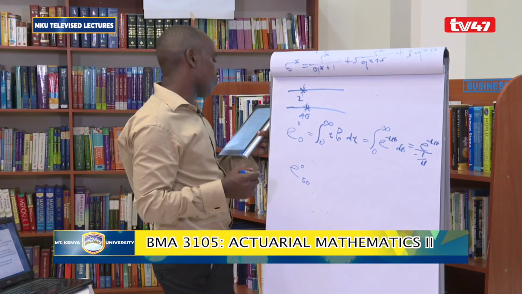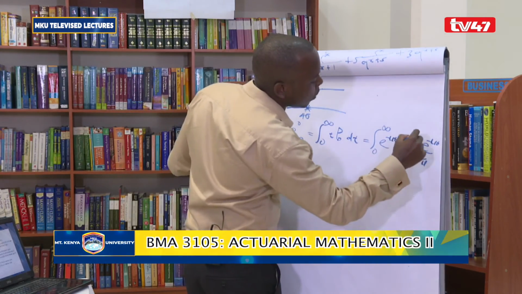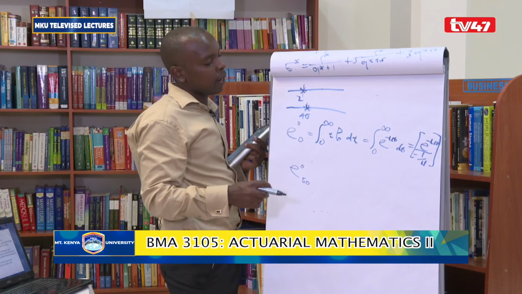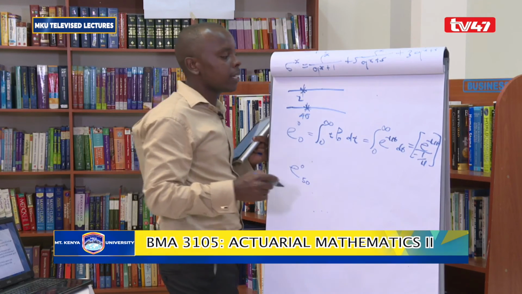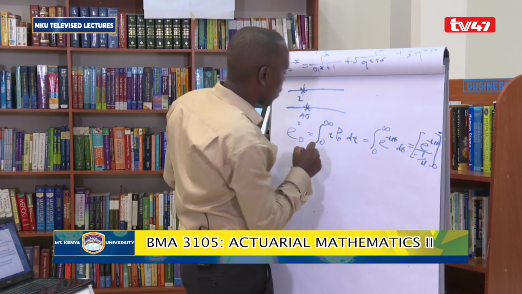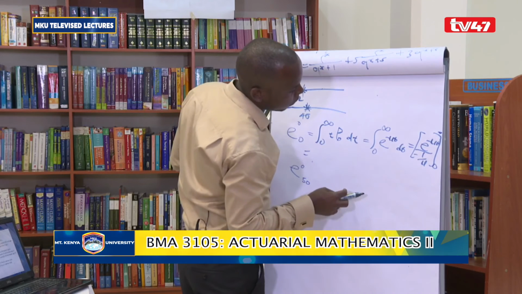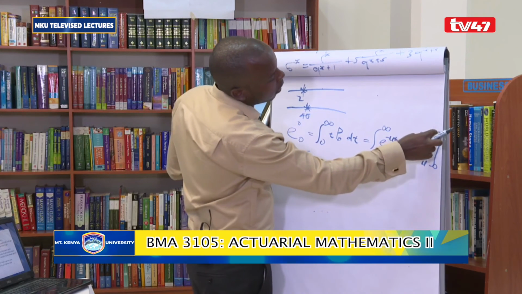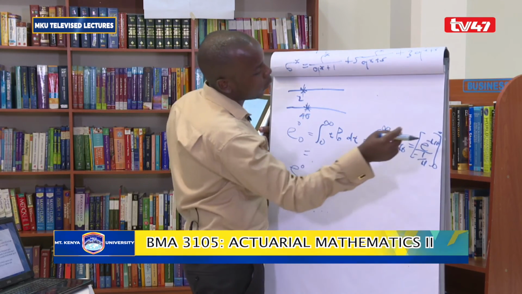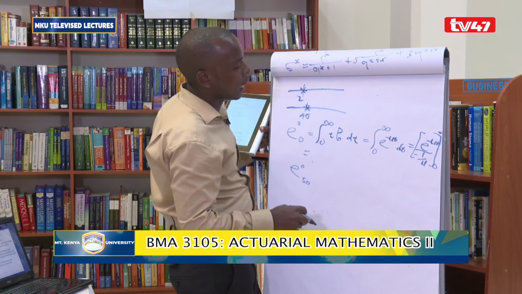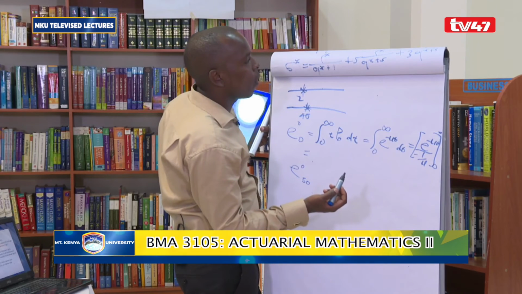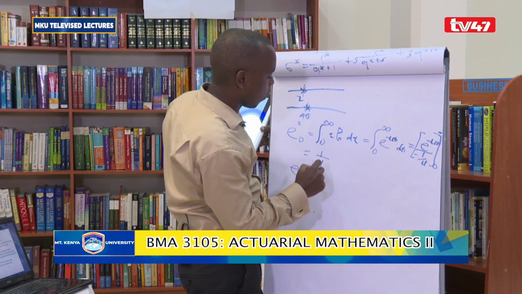And we are supposed to remember that this is what we refer to as a definite integral, so we should remember the limits 0 to infinity. If we plug in infinity here, that is 0, then we plug in 0, we have 1 over mu. So this is 0 minus negative 1 over mu, and that gives us 1 over mu.